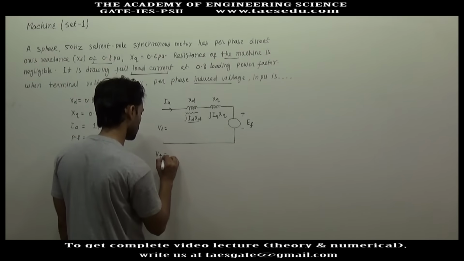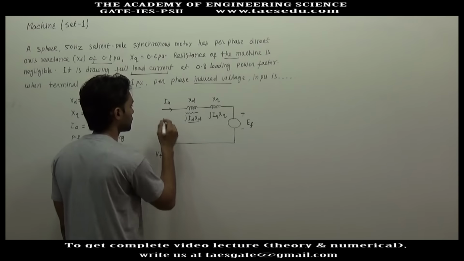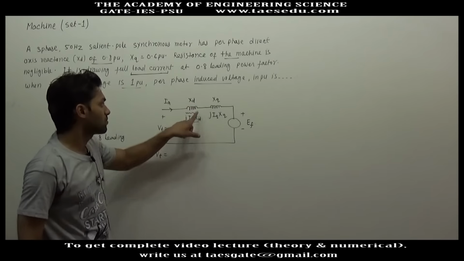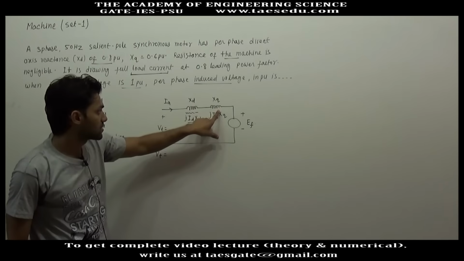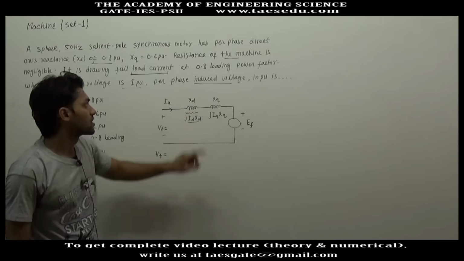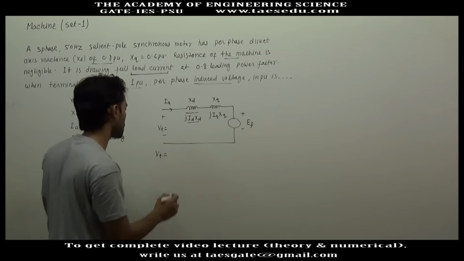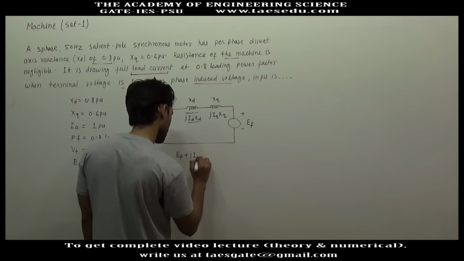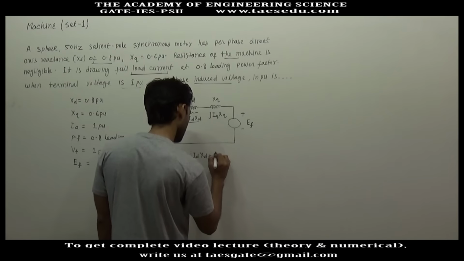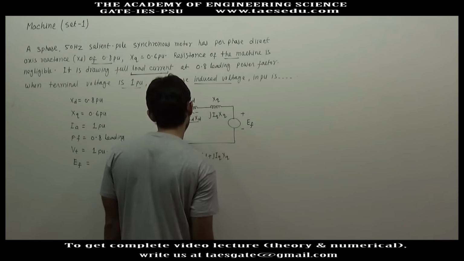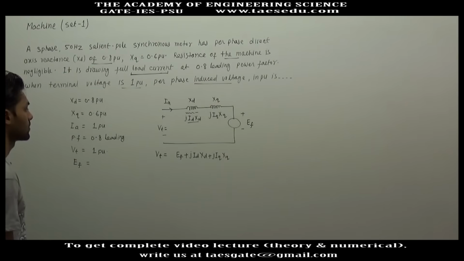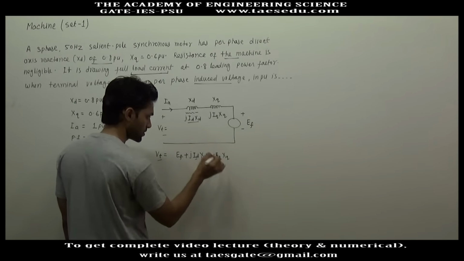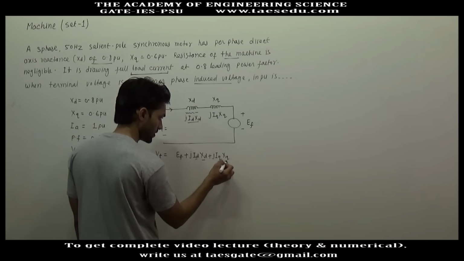Equation will be Vt is equal to EF plus the direct axis voltage drop and the voltage drop in quadrature axis reactance. So this will be EF plus jIdXd plus jIqXq.